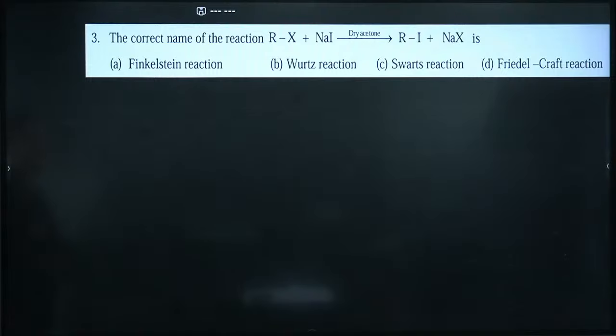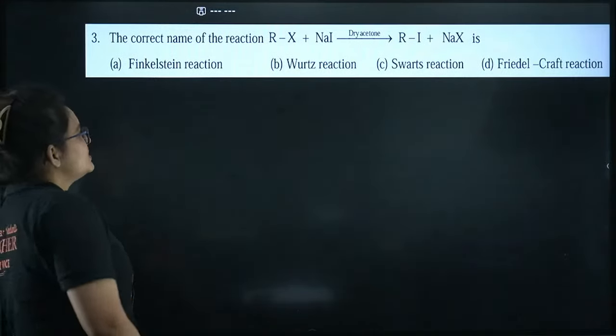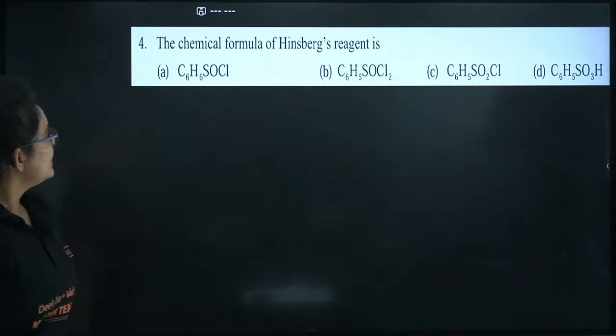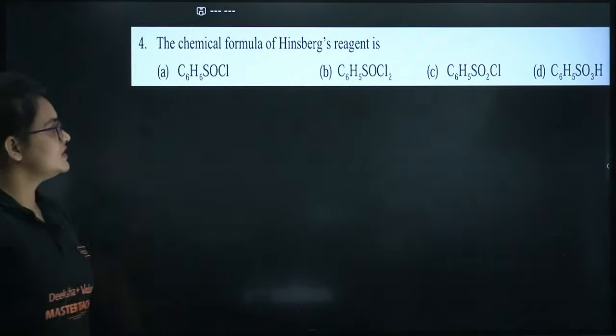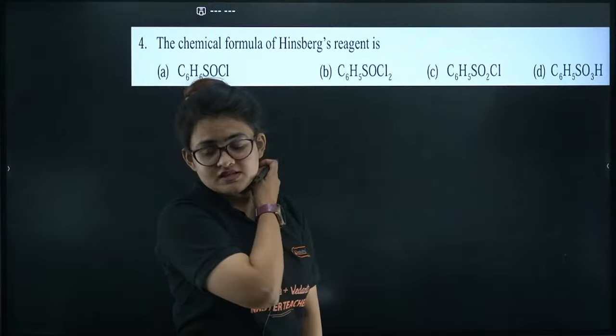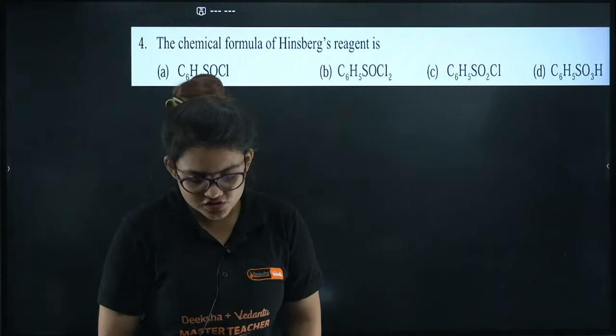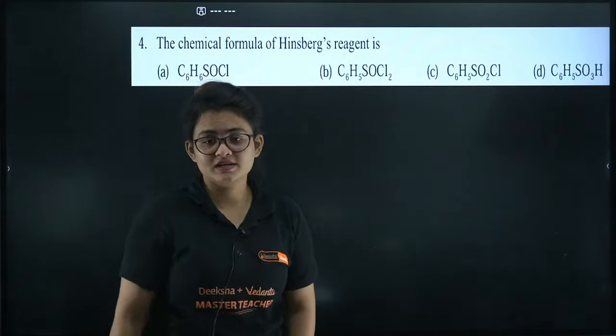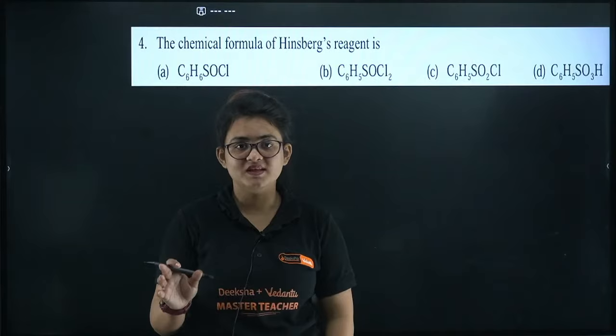Let's proceed further. Here you can see the correct name of the reaction. Definitely I don't have to tell, it's the Finkelstein reaction. You know it very well. Next, the chemical formula of Hinsberg's reagent. Hinsberg reagent is one of the most important concepts that can come in your examination, so don't skip that.